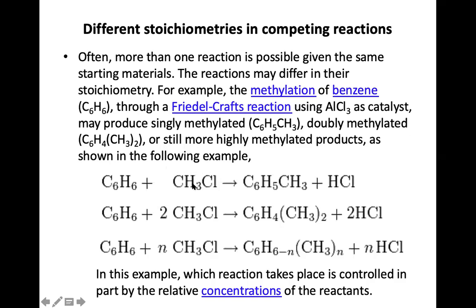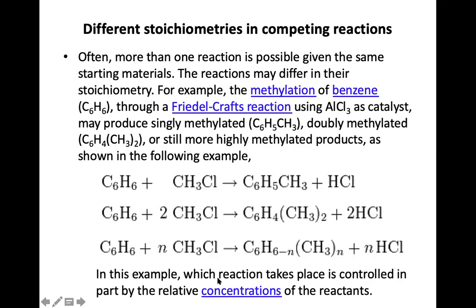So benzene, methyl chloride, you can get this one. If you increase the methyl chloride, then you can find a higher amount of methyl groups on the benzene ring. This is a Friedel-Crafts reaction.